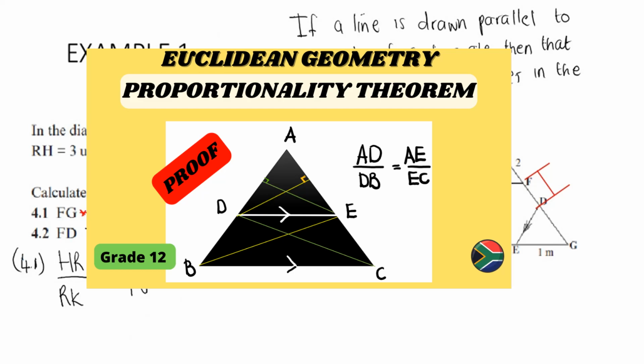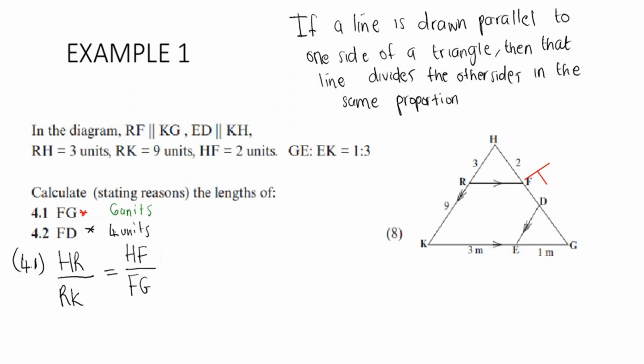Then you look at what you are asked to find, and see how you can work with the theorem to help you find that value. In this case, we are looking for FG, so we could just do HR over RK, which is equal to HF over FG.